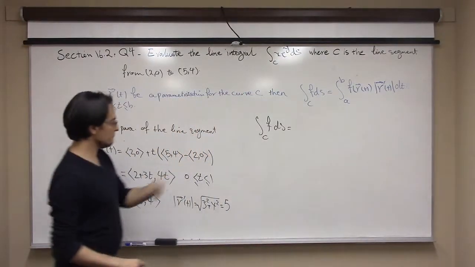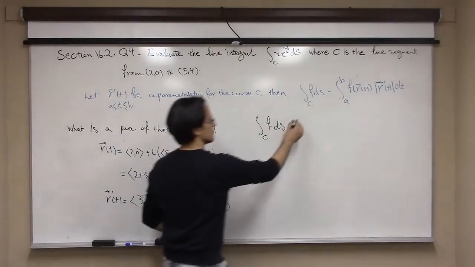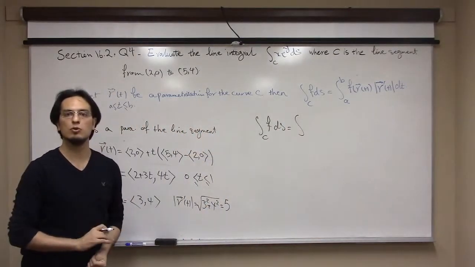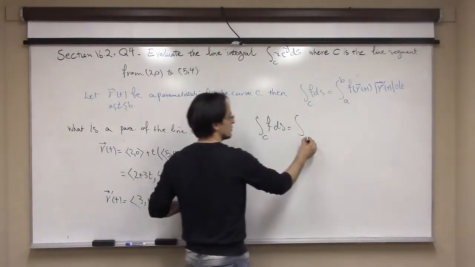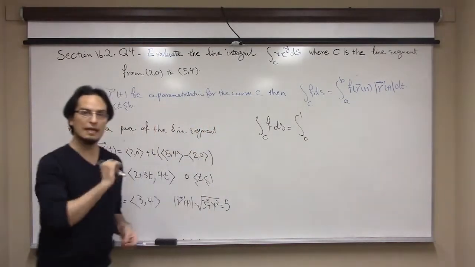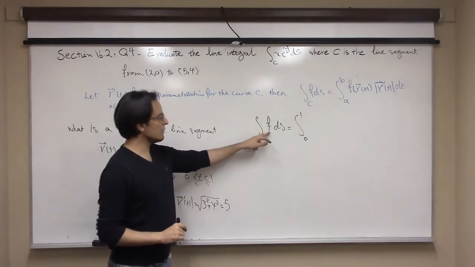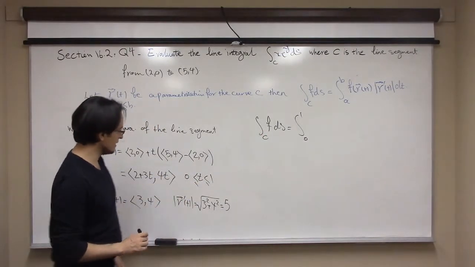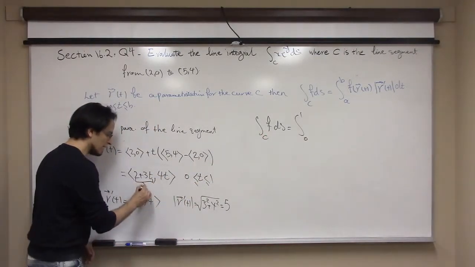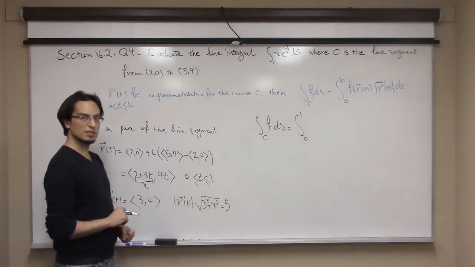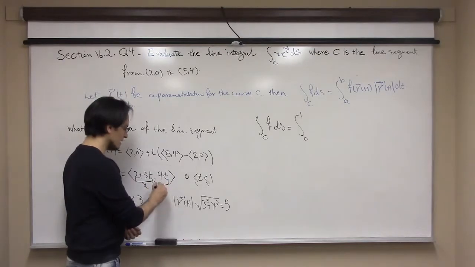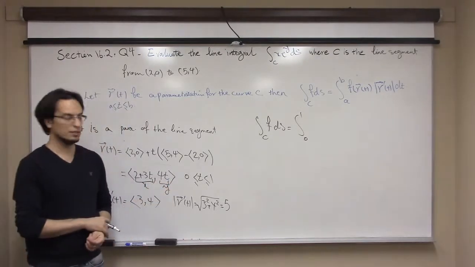So if I want to plug in everything, let me apply all those 3 steps. First is boundaries: t goes from 0 to 1. Second step is plug in everything in f. It means that for x in your function, you plug in 2 plus 3t, and for y, you plug in 4t.